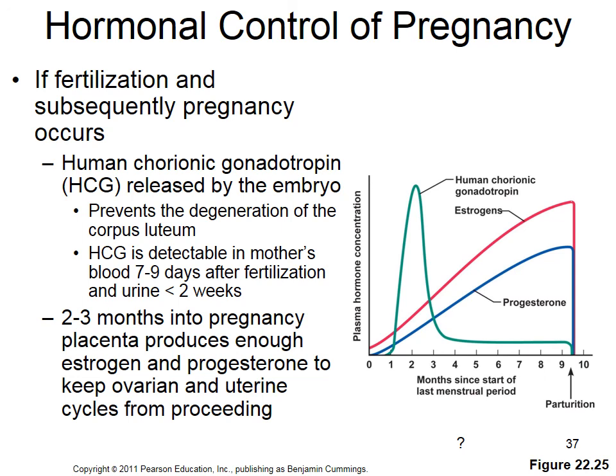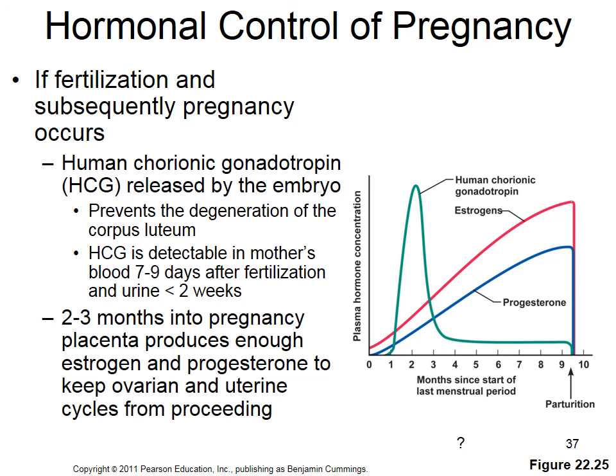You get ever-increasing levels of estrogen and progesterone, and then at parturition, or birth, they drop off, and that allows for uterine contractions and lactation to begin. But again, this huge drop in steroid hormone production often causes postpartum depression.